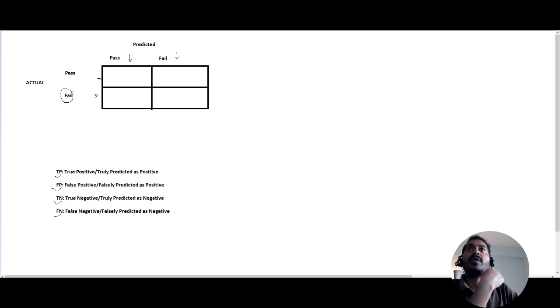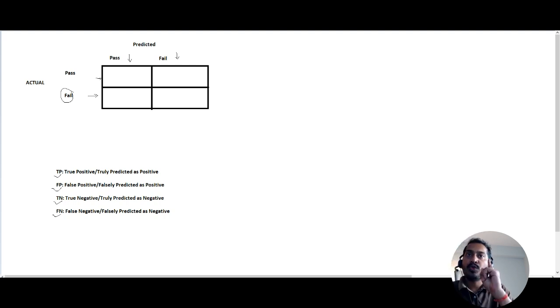Now how to write these values? Wherever we have a coordinate, based on the coordinate we have to write. So here TP stands for true positive, or truly predicted as positive.